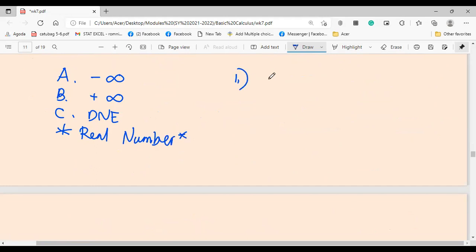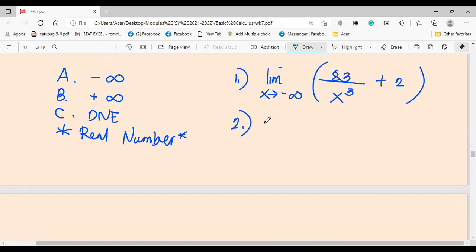Let's have number 1. What is the limit of 83 over x raised to 3, plus 2? Number 2, what is the limit of 1 over x plus 1 plus 2 over x plus 2?